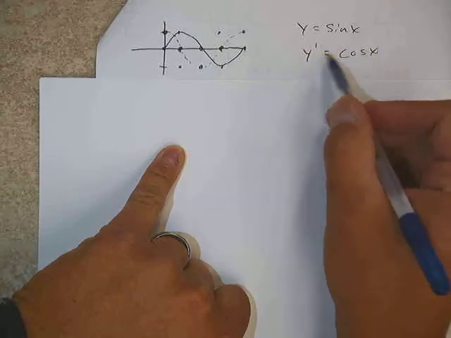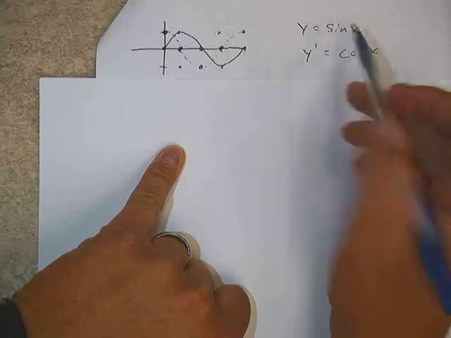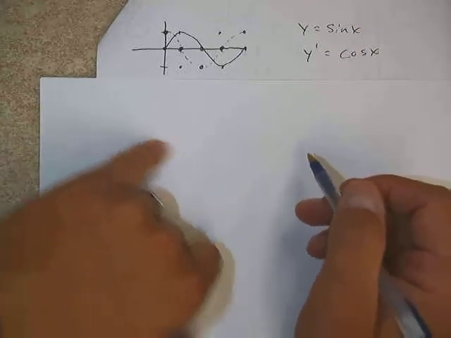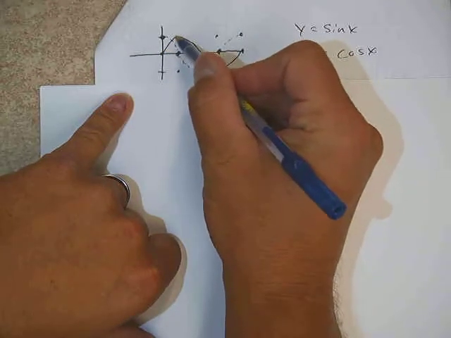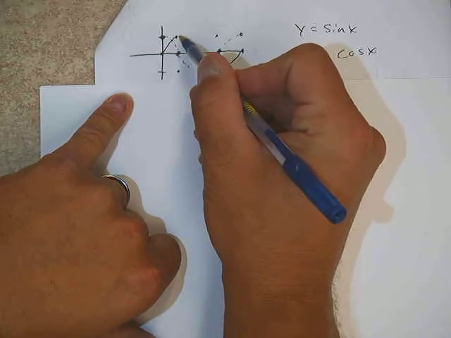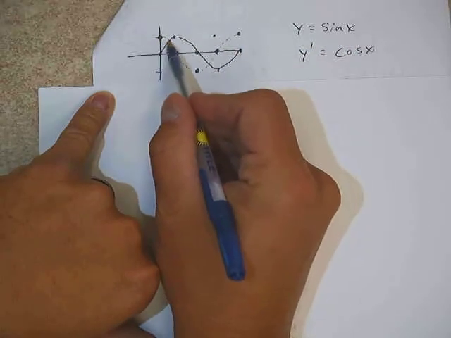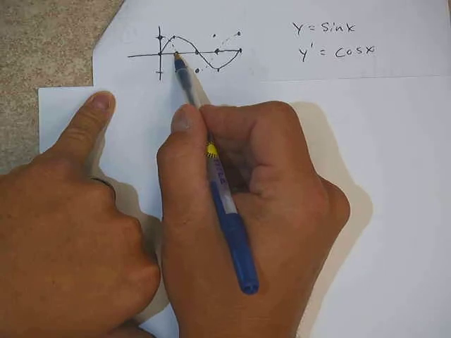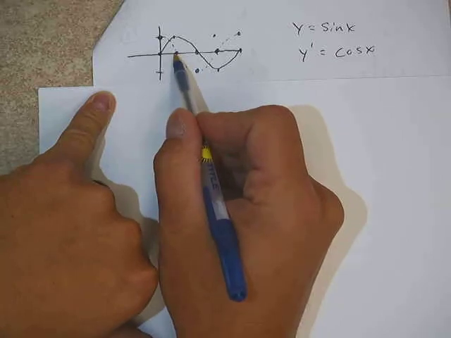Remember, the slopes of the curve and the y values of the derivative need to be the same. Because the derivative tells us what the slopes are like. So whatever the y values of this are like is going to tell us what the slopes are like for the function. Now, you'll notice also that as I get closer to pi over 2, what's the derivative going to be at the top of this? It's going to be 0.